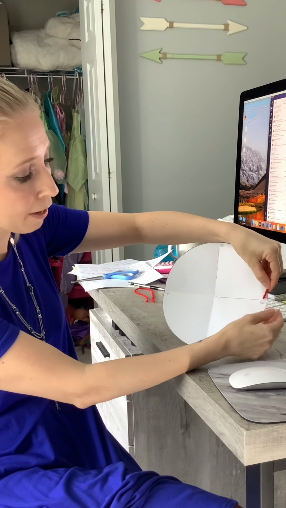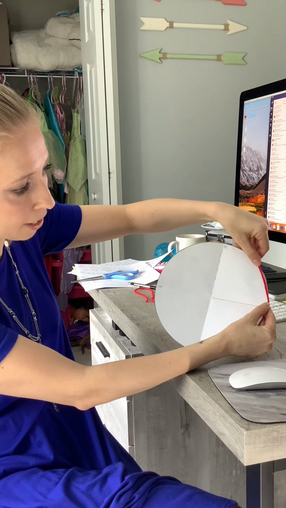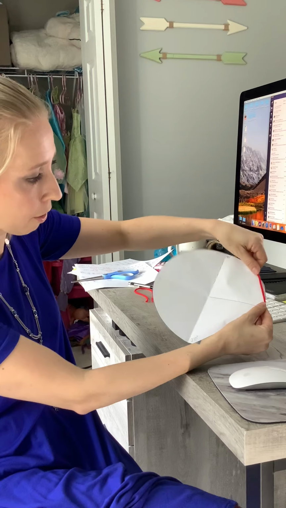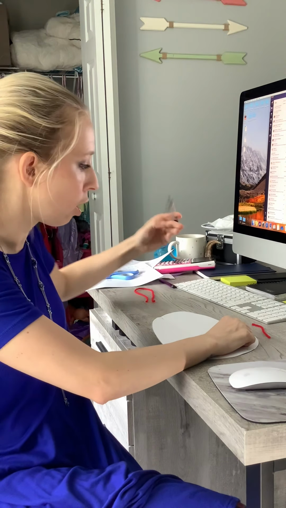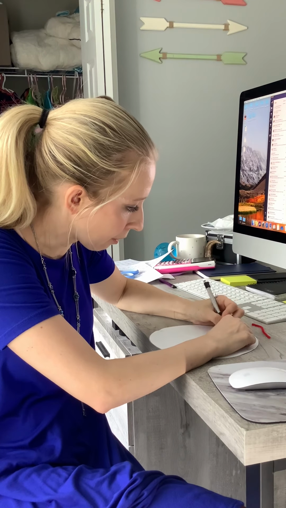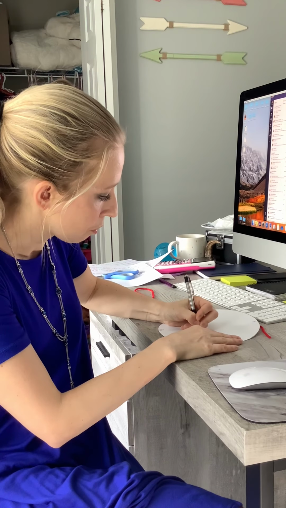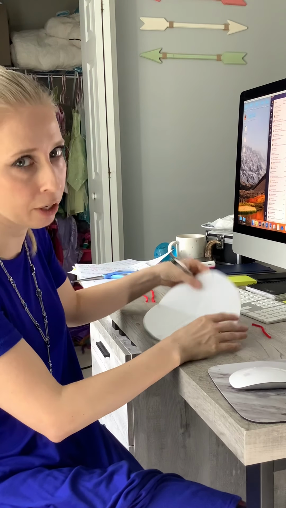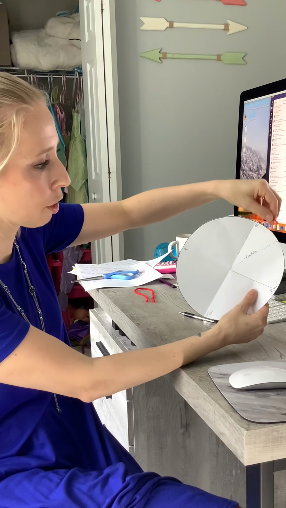So if I start at 0 degrees and I curve this around the edge to right here, that's 1 radian. And I'm just going to eyeball it in here, right? So this is 1 radian. I don't know how many degrees that is exactly. You could measure it if you wanted to, but it's really not important.